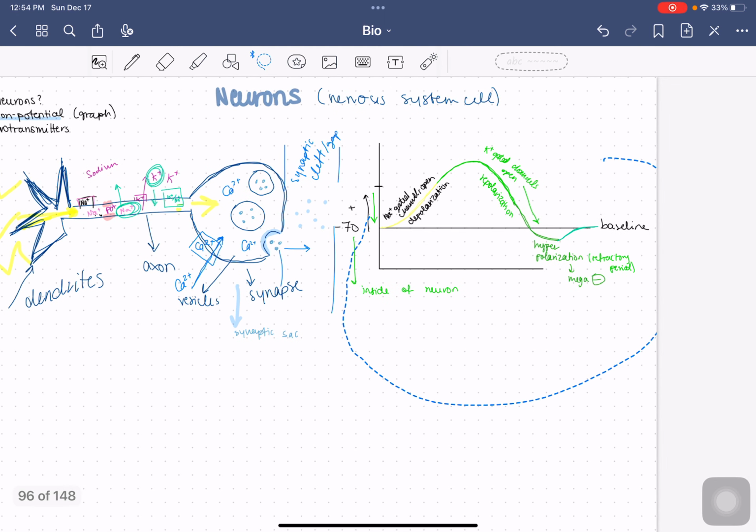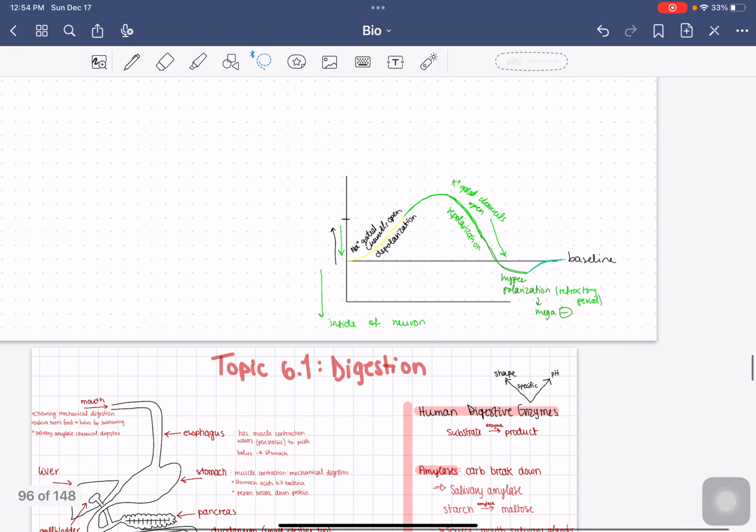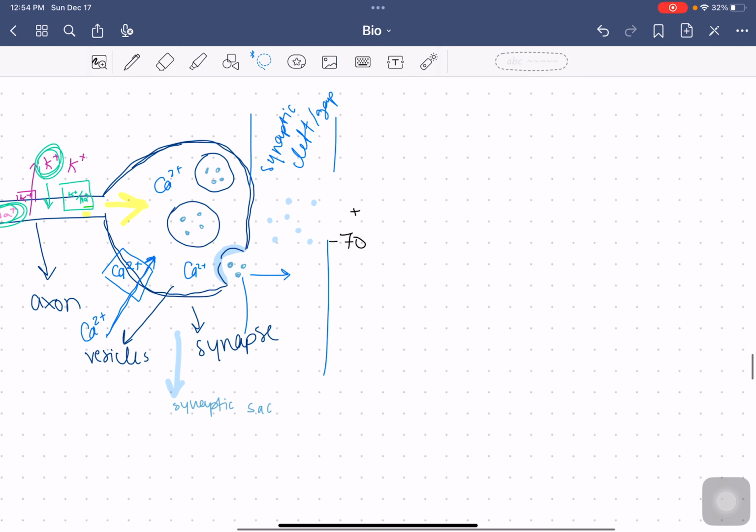So after that happens, we're going to have some neurotransmitters just floating in this synaptic gap. And luckily, we are going to have a pre-synapse, and then it's going to be our post-synapse over here.